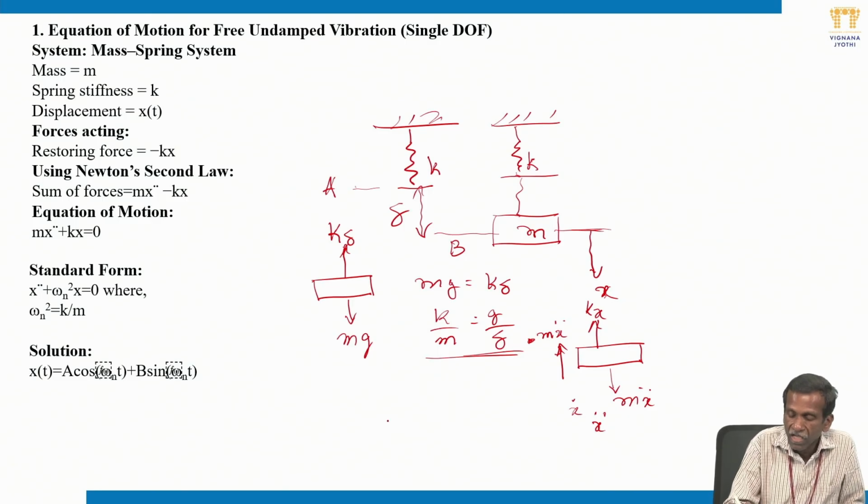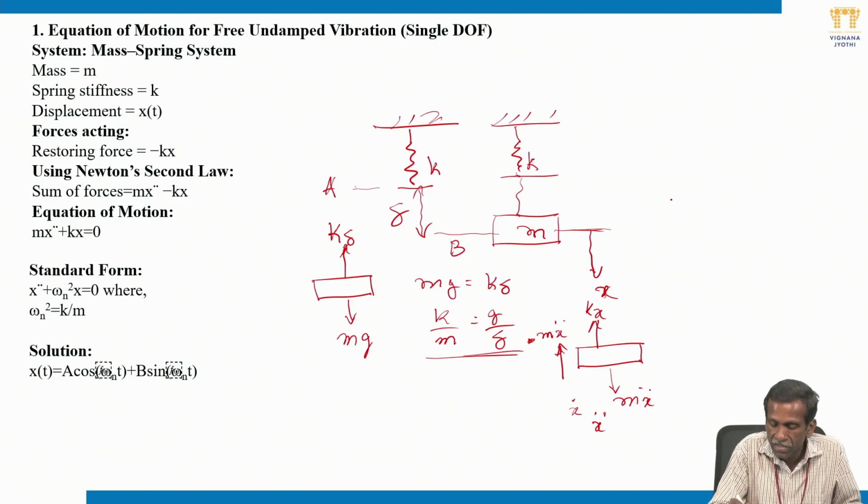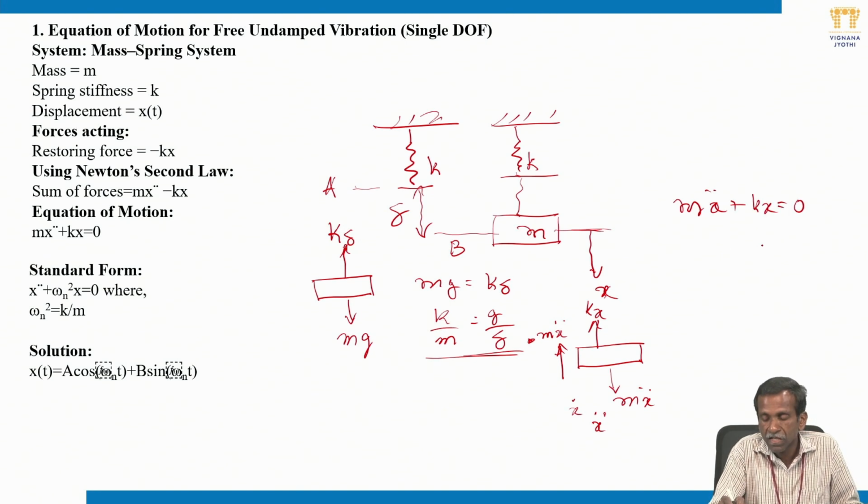Based on that, we can write the equation: m x double dot, the inertia force, plus kx equal to 0. This is based on D'Alembert's principle, or you can use Newton's law, or you can use the energy method, with kinetic energy and potential energy. Any approach will give the same equation.